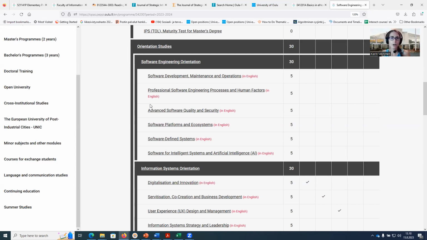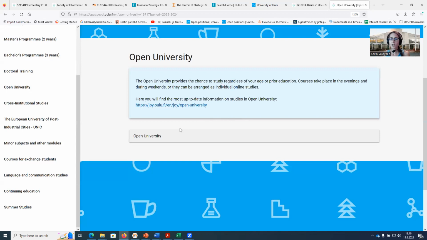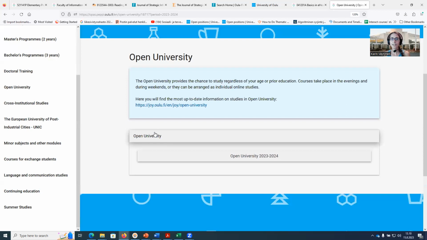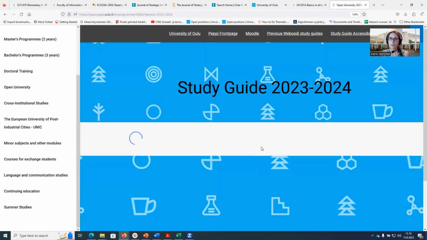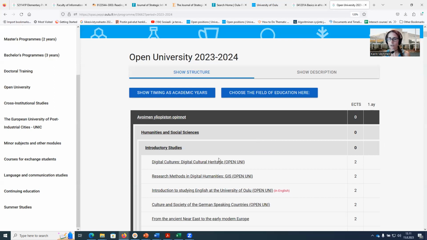Another way to find optional studies is via open university studies. There are some courses that are offered to students or to persons outside the University of Oulu. But if you're a student in our degree program, you can take courses from Open University for free. Usually they are expensive, so you have to pay for participating in those courses.